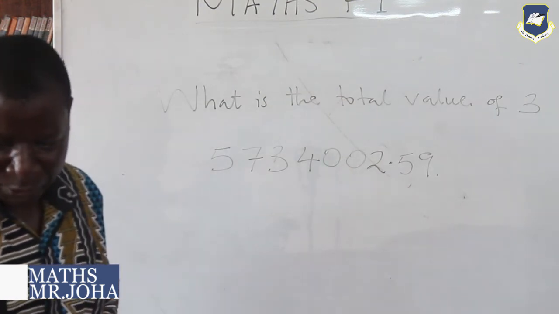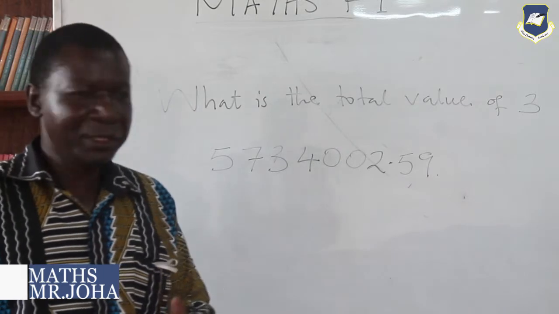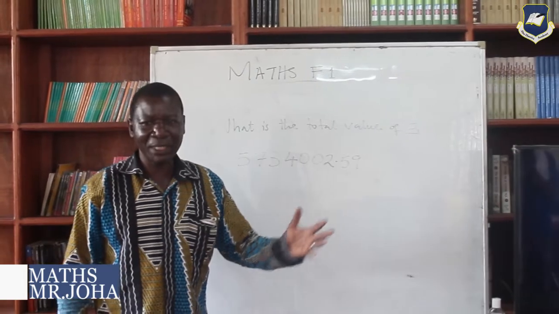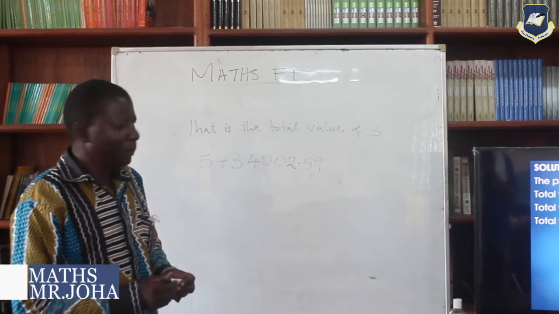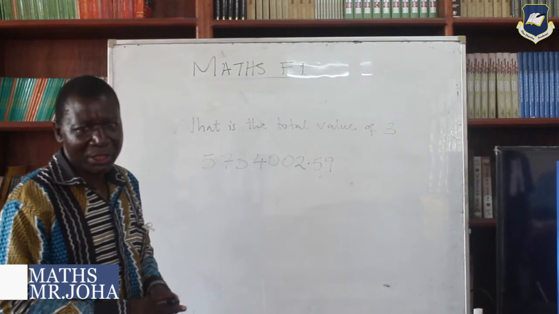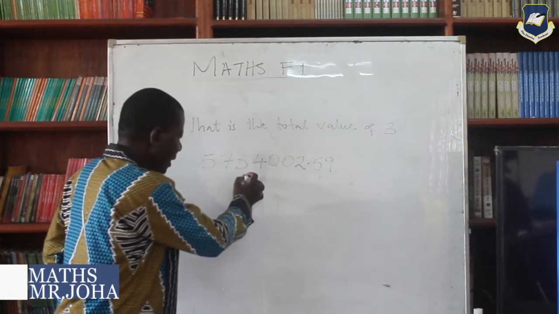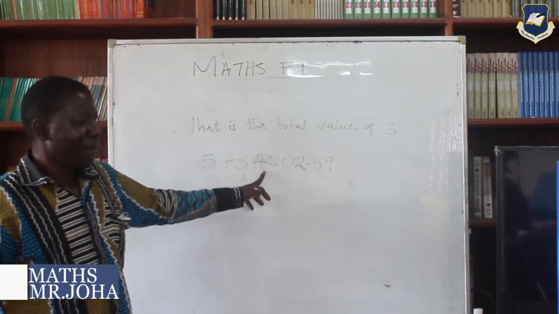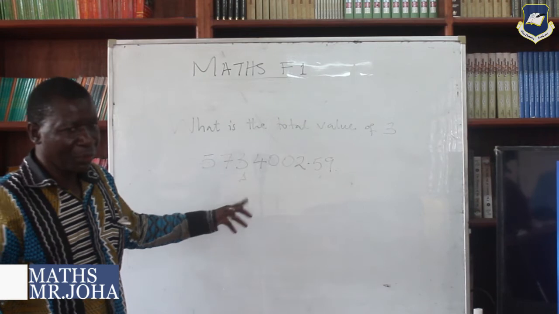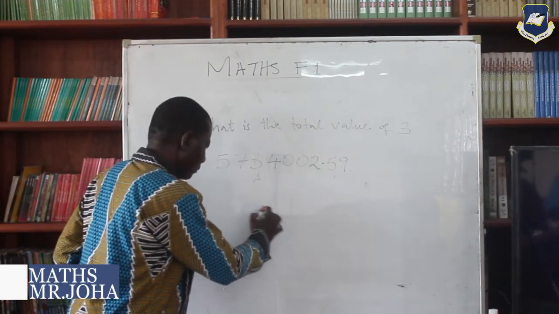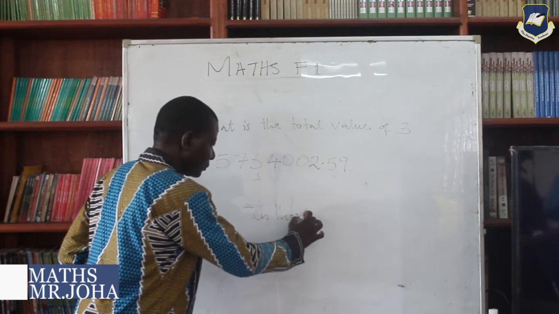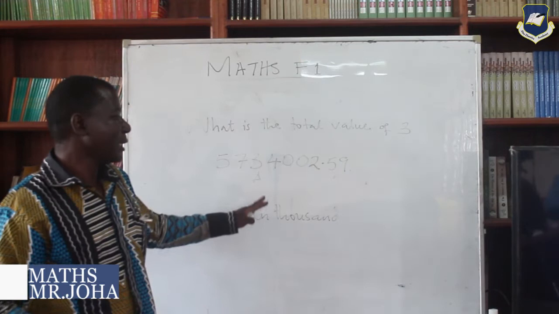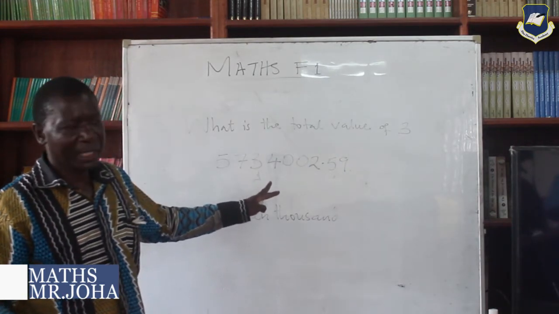Okay, learners, very good. I think you have done it the same way I've explained, that the total value is found by looking at the place value of that digit. Our digit is 3, and it appears in the place value of 10,000.